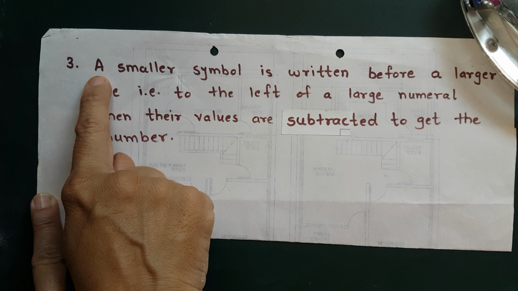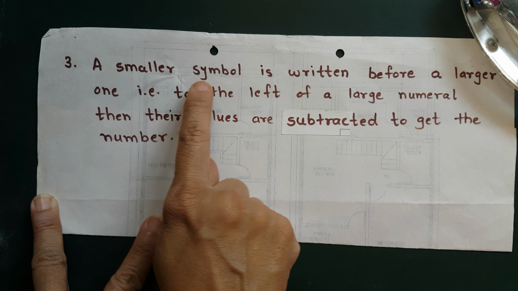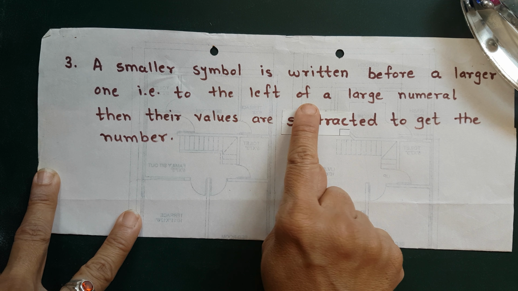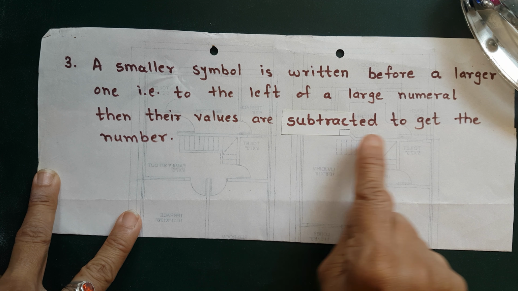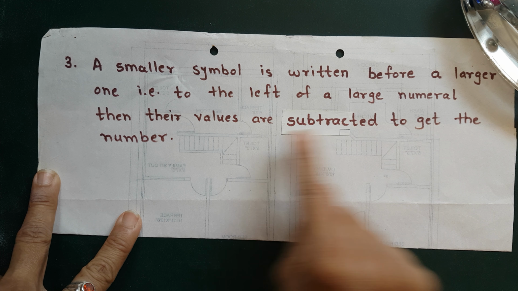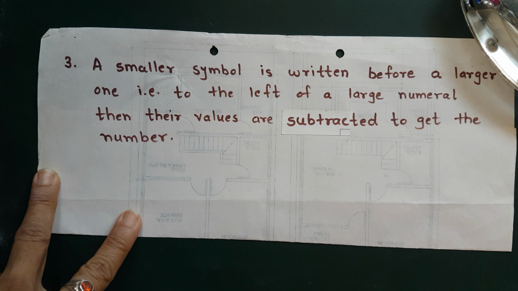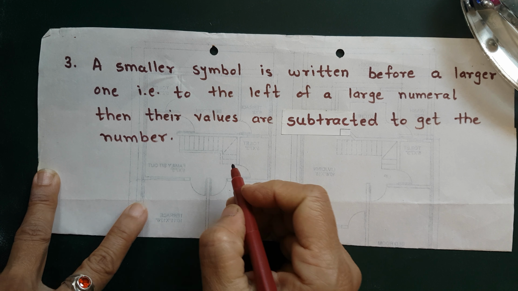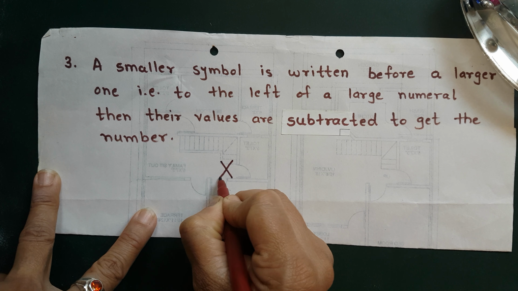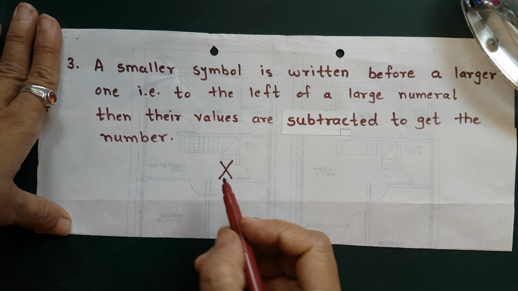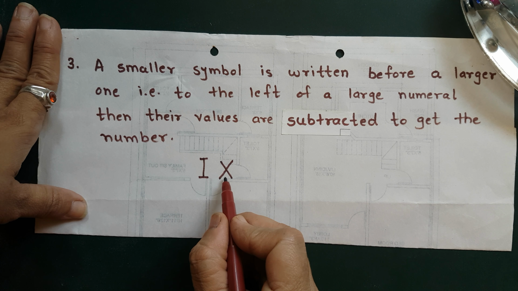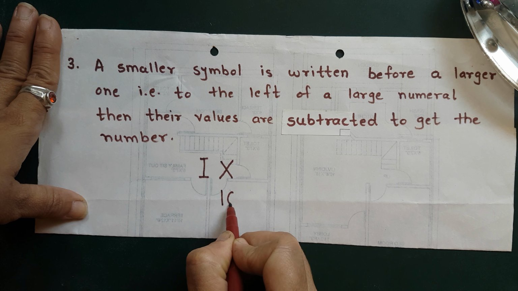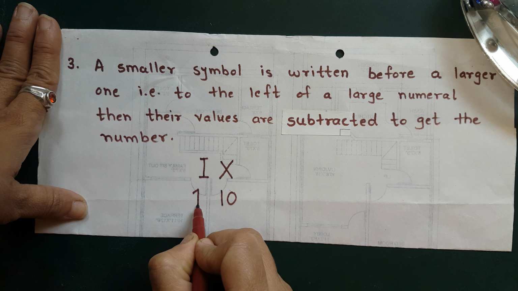Now the rule 3 is a smaller symbol is written before a larger one, that is to the left of a large numeral, then their values are subtracted to get the number. Now let's see this. I will write a greater number and if I write I here, now X represent 10 and I represent 1.